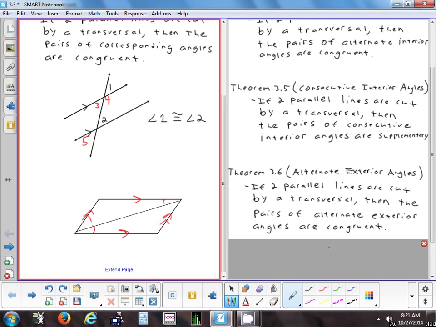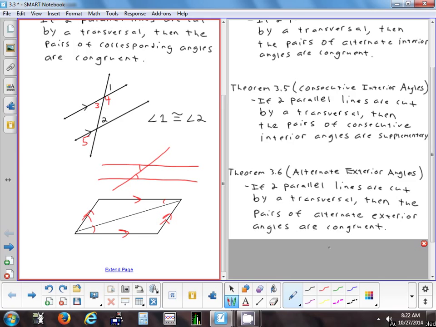Why? Well, sometimes people like to think of it more like that. You're looking at that angle and that angle. So everyone see that?